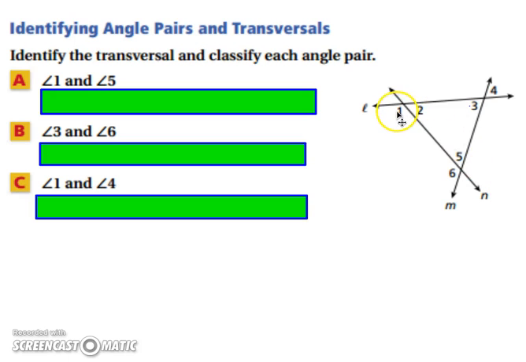So angle 1 and 5. First ask yourself the question, which line deals with both angle 1 and 5? Alright, N is part of angle 1 and angle 5, so that's your transversal.